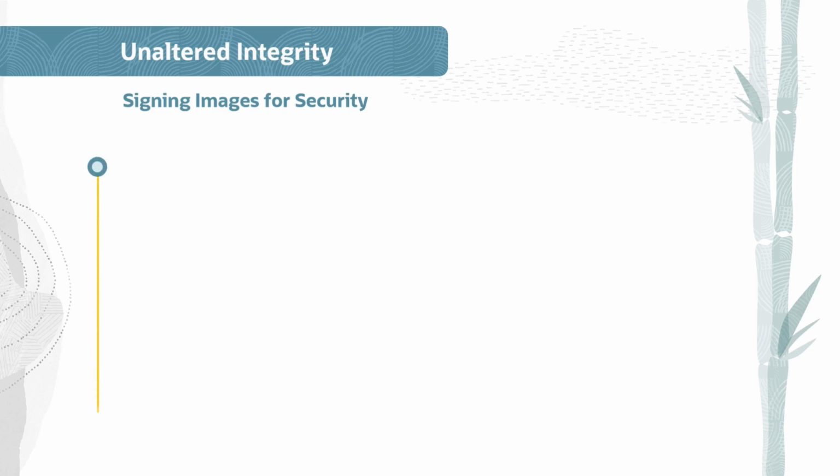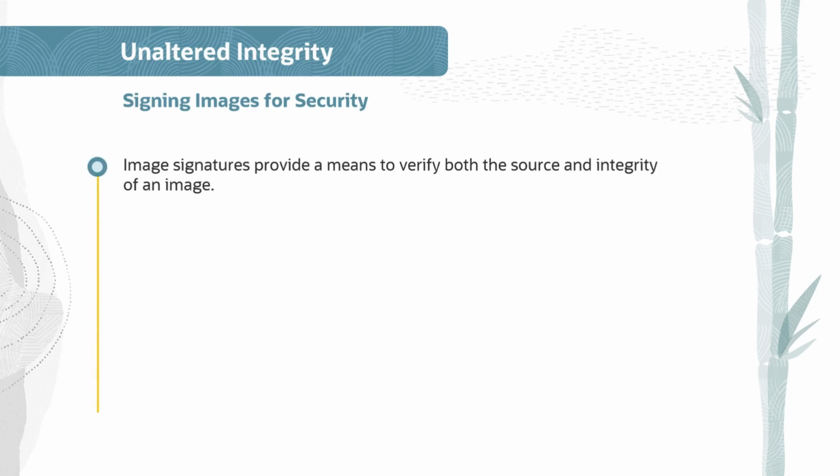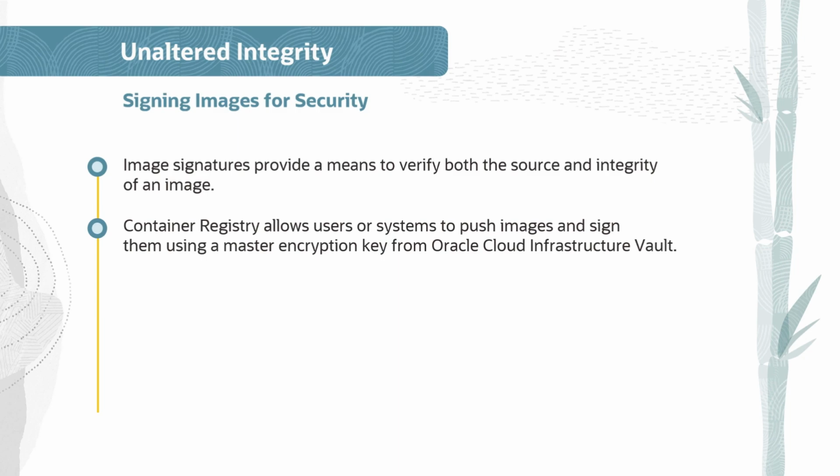Firstly, image signatures play a pivotal role in not only verifying the source of an image, but also ensuring its integrity. Oracle's container registry facilitates this process by allowing users or systems to push images and sign them using a master encryption key sourced from the OCI Vault.